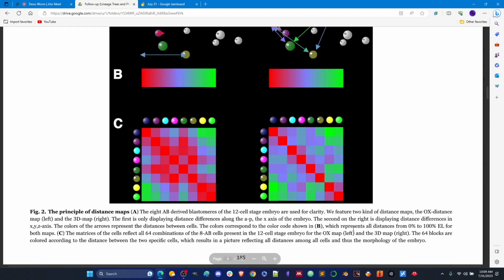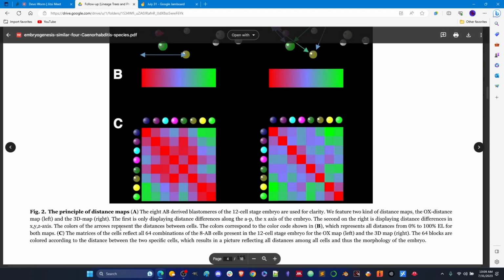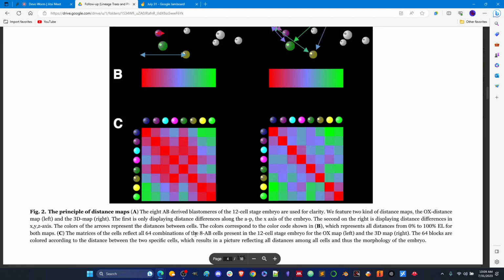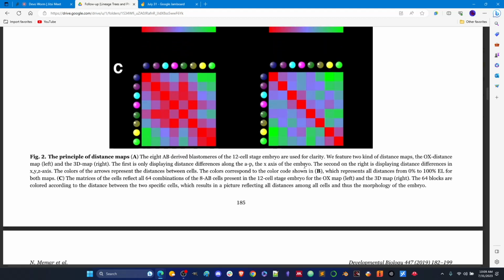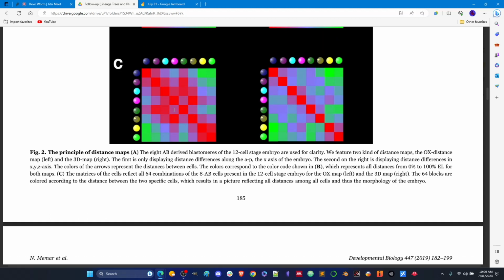And then this C reflects all 64 combinations of the 8 AB founder cells. So it's just the AB sublineage, and then their distance here. So they have this distance matrix, and it just shows you that they're in different positions in the embryo.